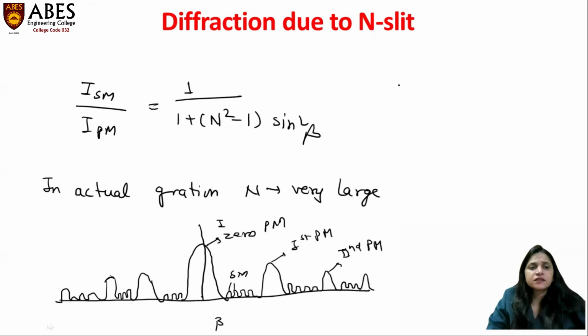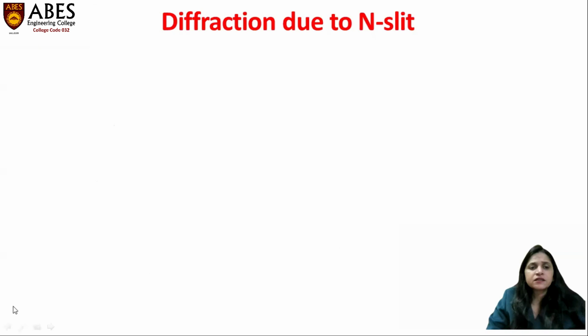Okay, we can also find out the angular half width of the principal maxima by calculating with an equation. So we can directly write that value over here. I'm giving you all. So the width, this formula is important from numerical point of view also.